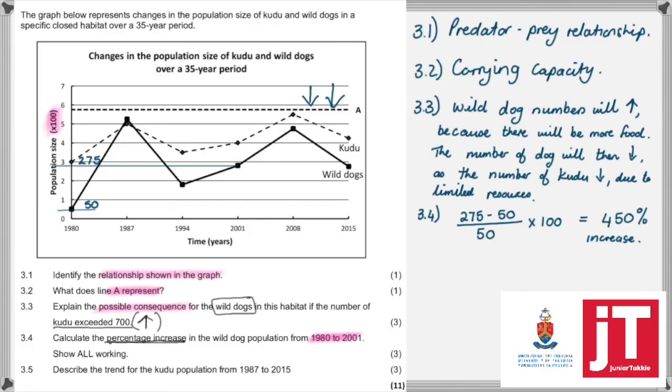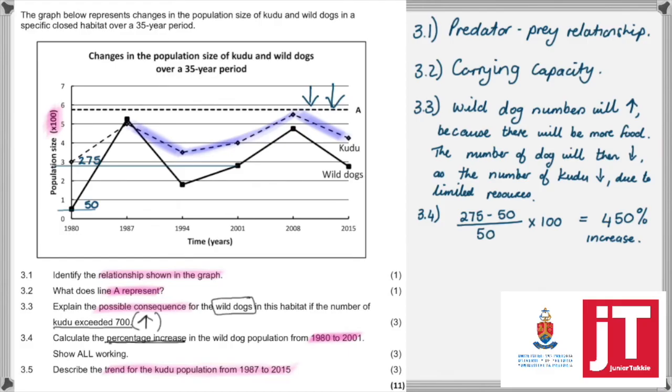In question 3.5, describe the trend for the kudu population from 1987 to 2015. The question asks for a description, so I only need to describe what the graph is telling me about the kudu population. I can start my answer by referring to what the graph is actually showing me. I have highlighted the change in the population numbers between 1987 and 2015.